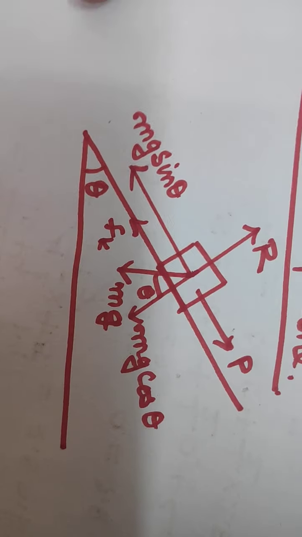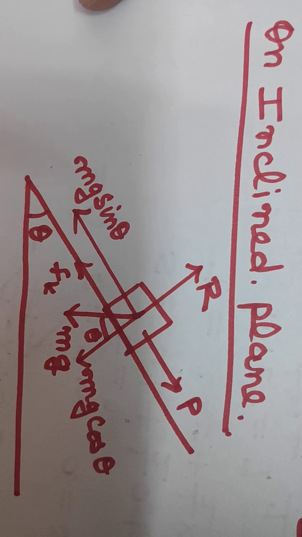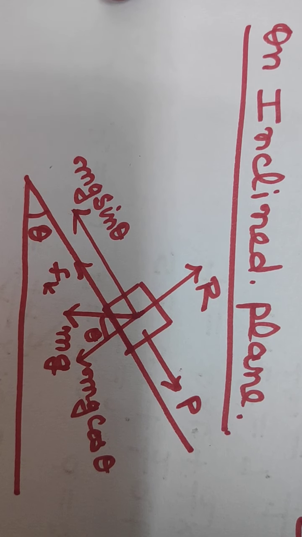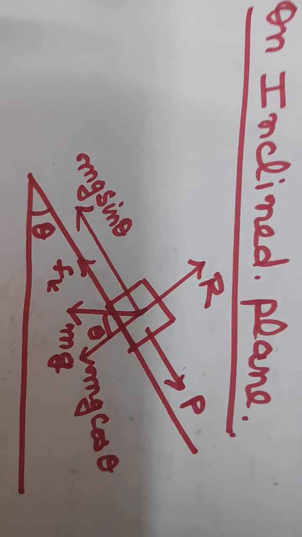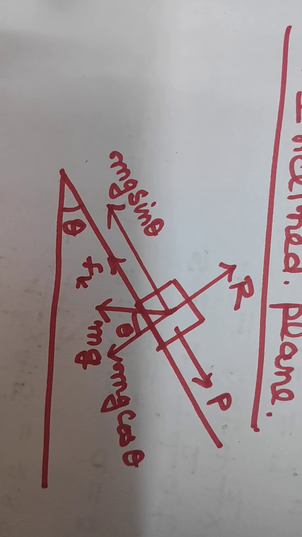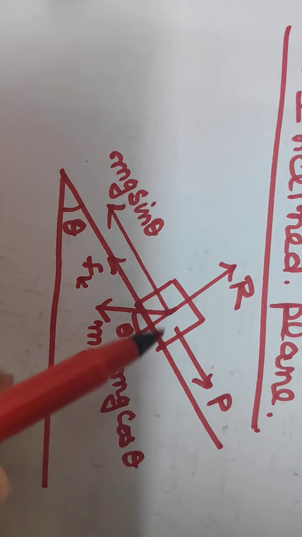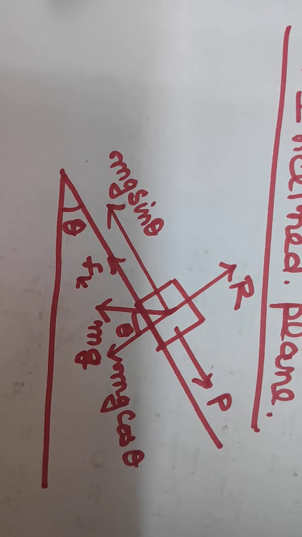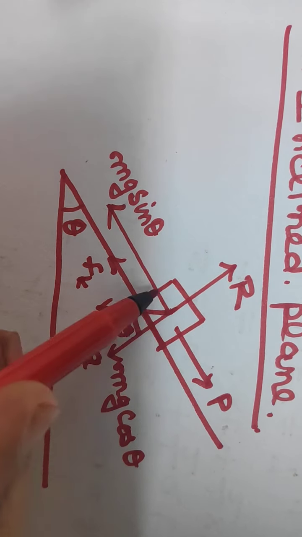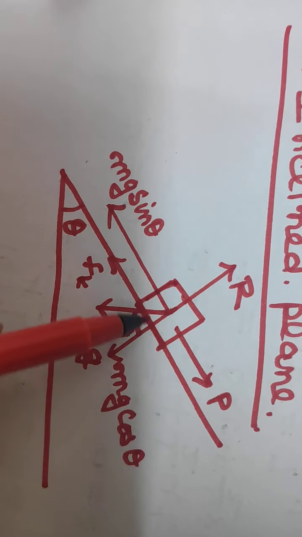Now on an inclined plane, how will we calculate work done by force of friction, or work done by external force P, or net work done? For this, suppose first we apply all the forces. This is an object, weight vertically downward.